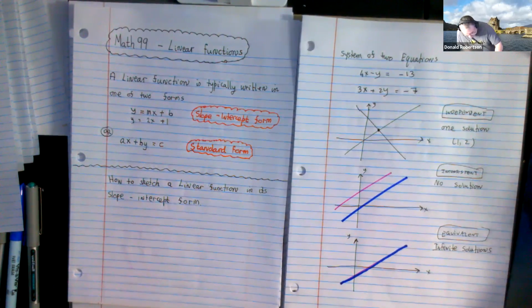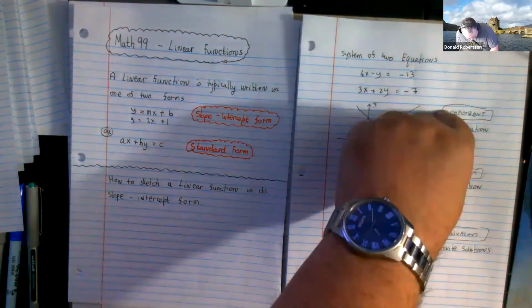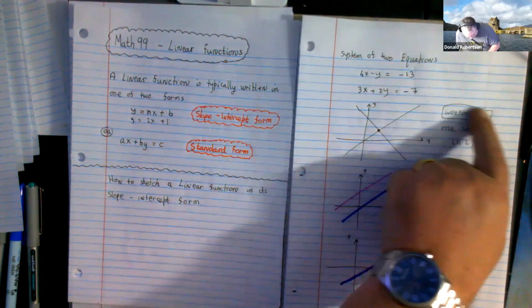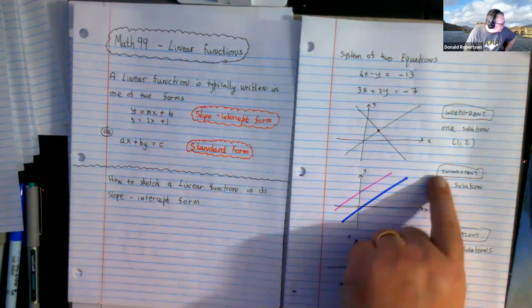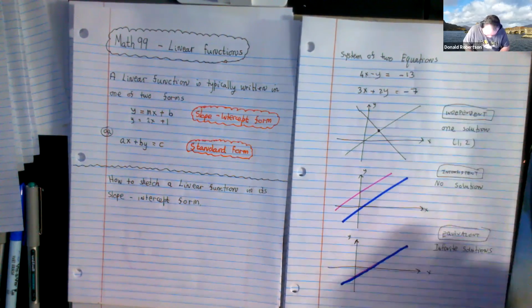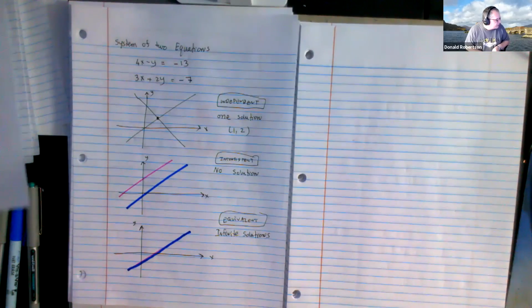So if you draw them and they look like that, you'll probably be asked to find this point, but you might also be asked to do that. Inconsistent or equivalent would be in the other two situations. Okay. Got that out of the way. A little bit of jargon.